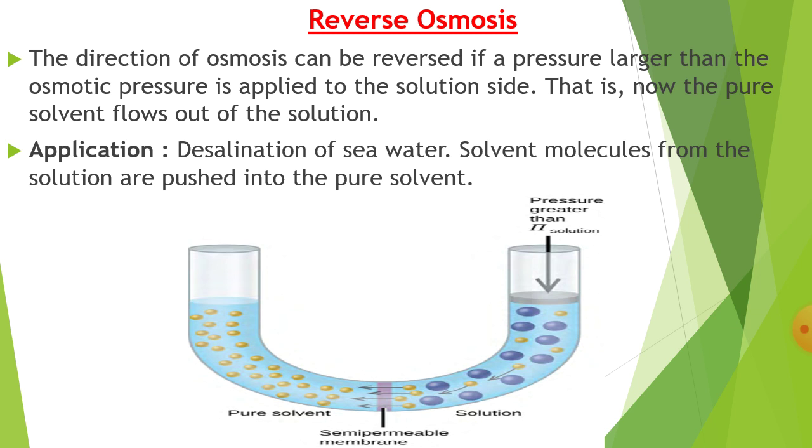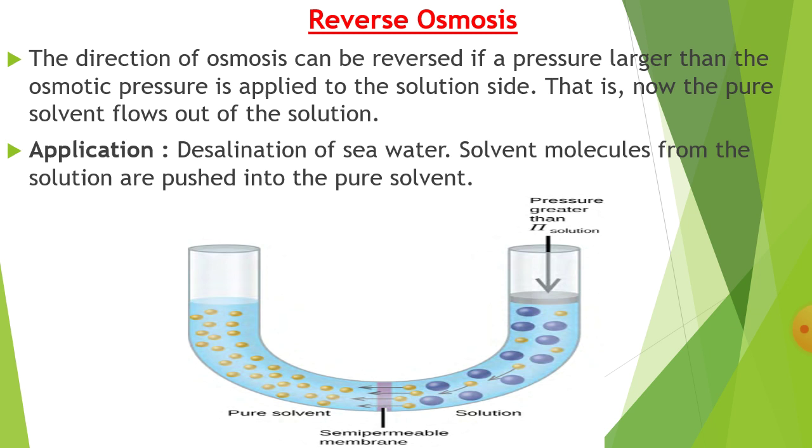But here the flow of solvent takes place from the solution of higher concentration to the pure solvent, or lower concentration. Osmotic pressure, I have told you, is the pressure applied to the solution side to just stop the flow of solvent molecules to the solution.